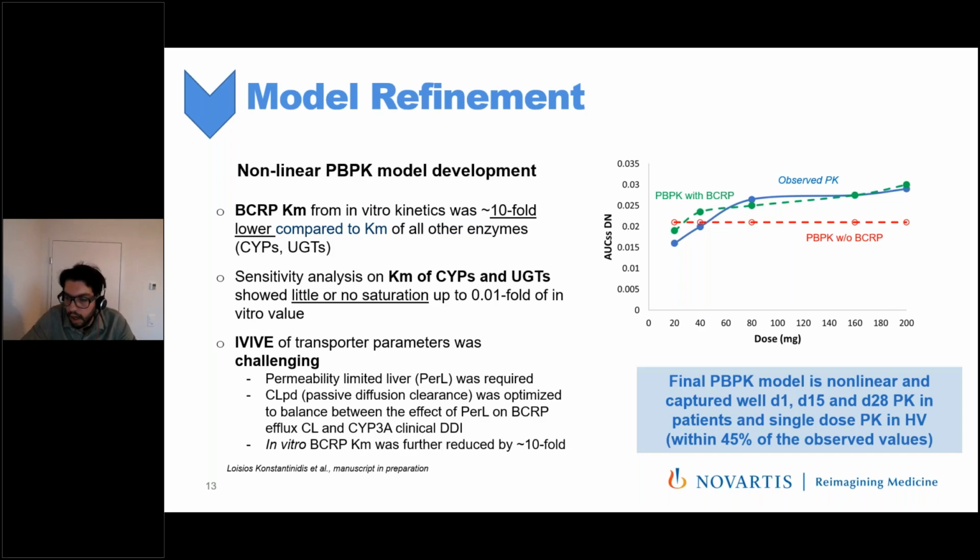So practically we have a linear PBPK model, and how it compares with the observed dose normalized AUC with the dose, which is here in blue. With the green line you see how the model performed when the BCRP was included and the nonlinearity was built, and you can see that it can approximate the observed dose normalized AUC much more reasonably than before.